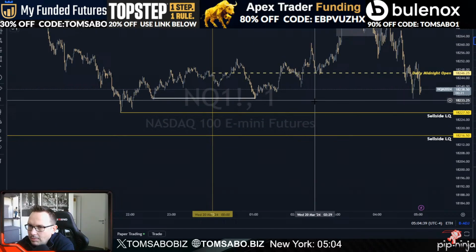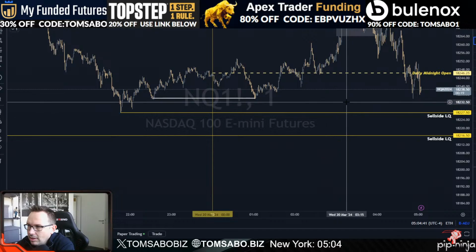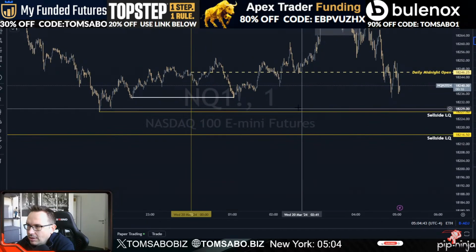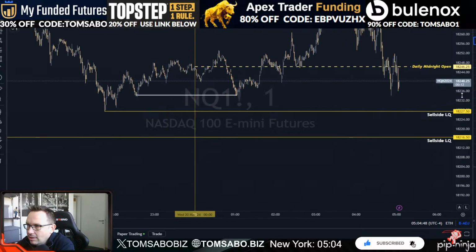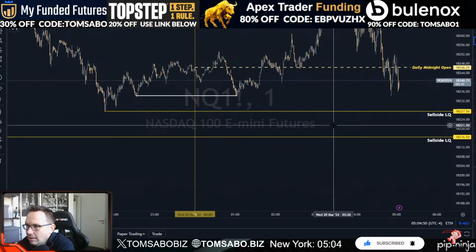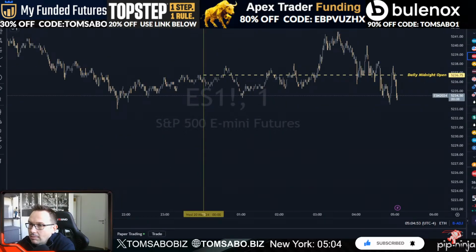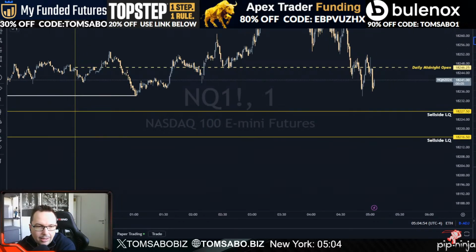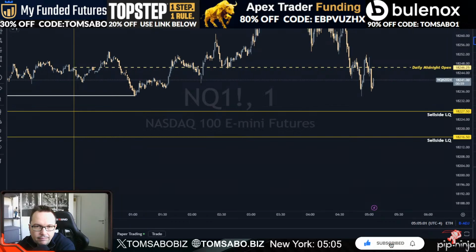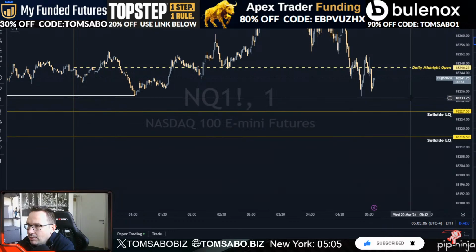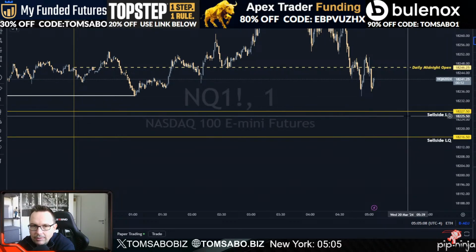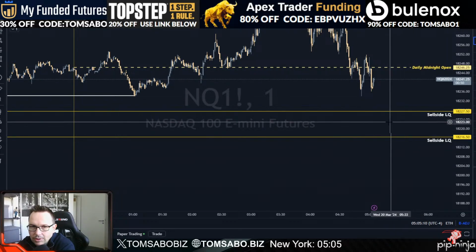I agree 100%. The only reasonable target for NQ would be down there at the Asia low, but it just doesn't seem like it wants to take it. Even if it would decide to dump, that would be very interesting price action for sure.